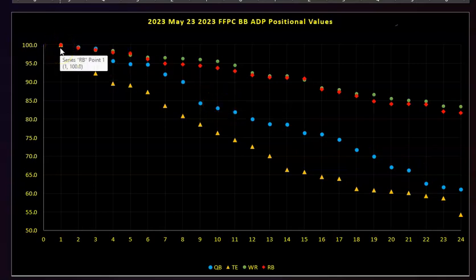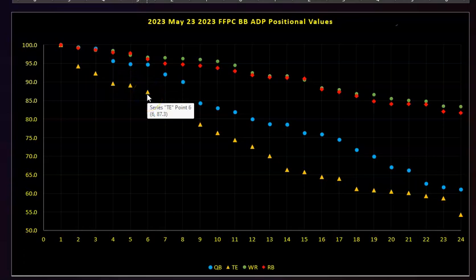Tight ends, we've got one elite tight end, Kelsey. Number 2 is usually Andrews. Number 3 is, who is it? Is it Kittle? Is it Pitts? Whoever it is right there, that's almost the second tier. And it looks like 4 and 5 are together.